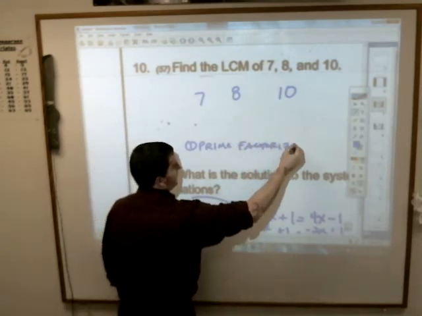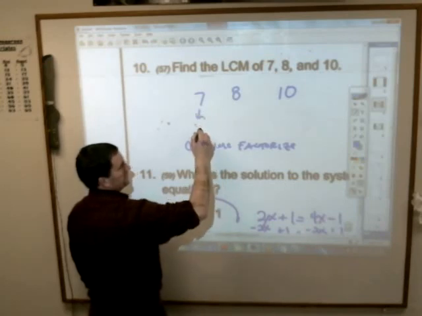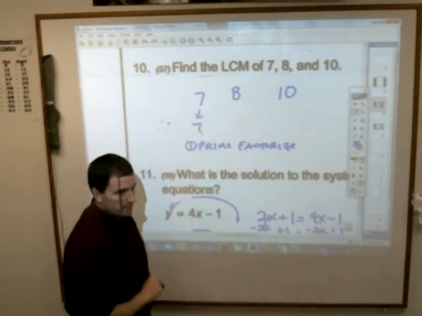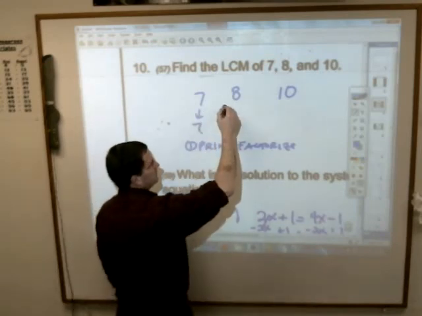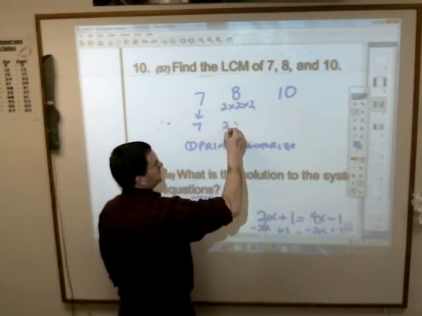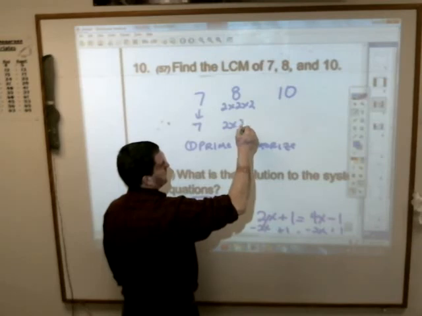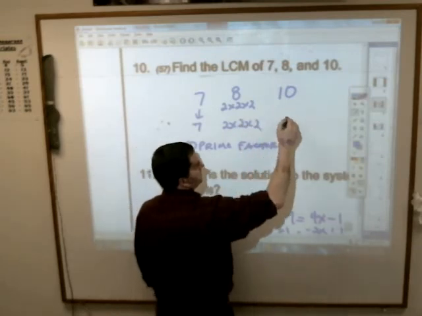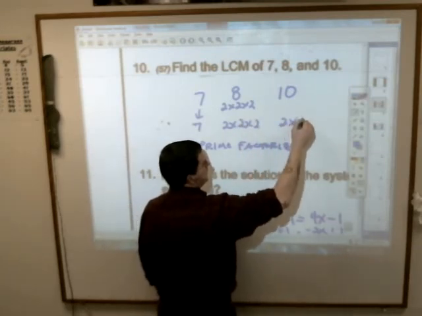This may or may not be faster. Well, 7 is nice because it just becomes 7. There are no other factors of 7. What are the factors of 8? 8 is 2 times 2 times 2. And 10 is what? 2 times 5.